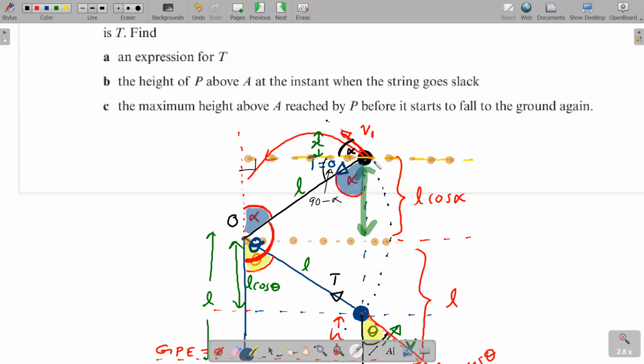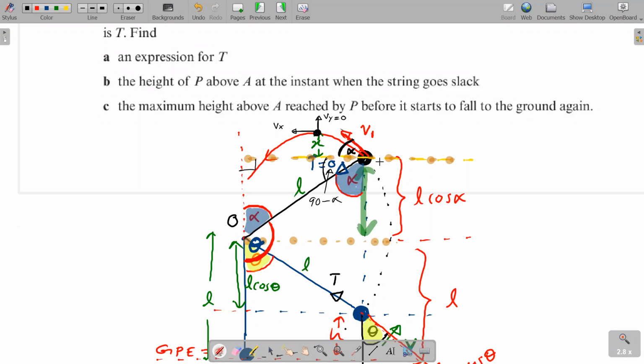So I want to find the maximum height. You guys know the rule at the maximum height: the y component of velocity is 0. In projectiles, the x component of the velocity does not change throughout the entire projectile motion.